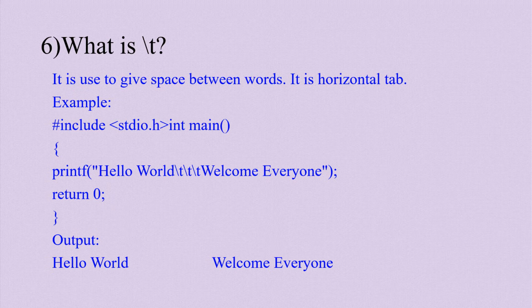Horizontal means on the same line you will have 3 tabs, just like when we use the tab button on the keyboard, and that much space is inserted. So if you use \t 3 times, 3 tab spaces will be inserted. My output is hello world, then 3 tabs, and then welcome everyone. So this is the use of the \t escape sequence.